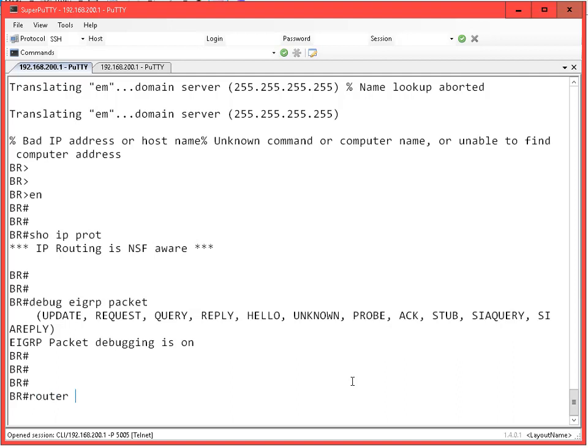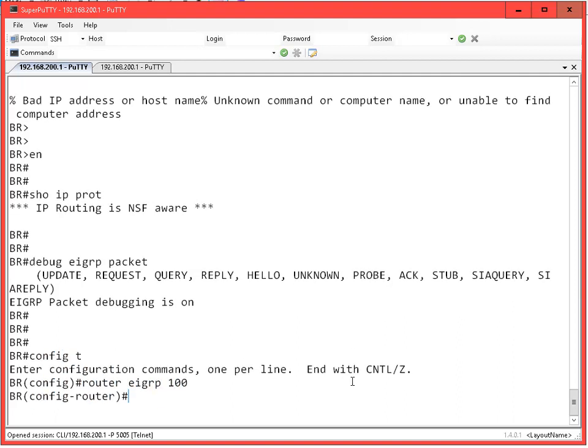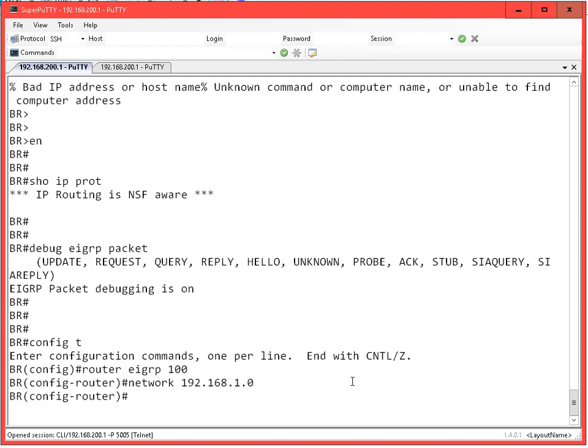So I'm going to go into router config T, router EIGRP 100, and we're going to go ahead and put in our network statements, 192.168.1.0. And we don't need a mask for that because that's already a /24. And then network 172.16.1.0 0.0.0.3.